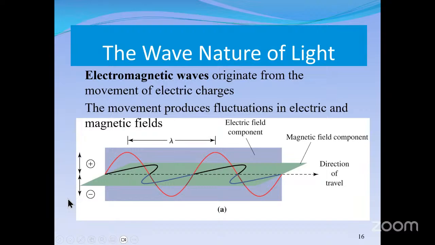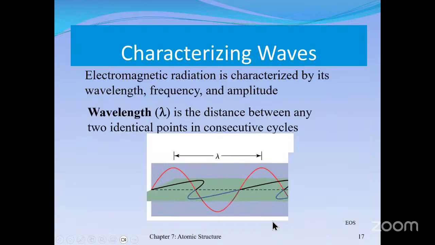So let me see here, the red wave here represents the electric field component, and the black and blue wave here represents a magnetic field component. So they are at right angles to each other, but they have the same frequency and wavelength, which we're going to talk about shortly. So let's talk about the wavelength.